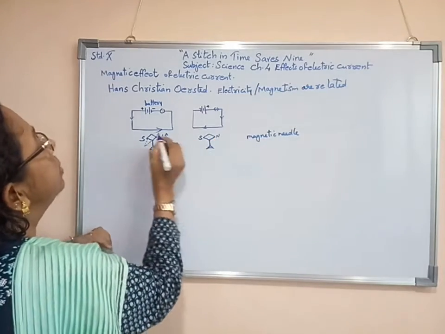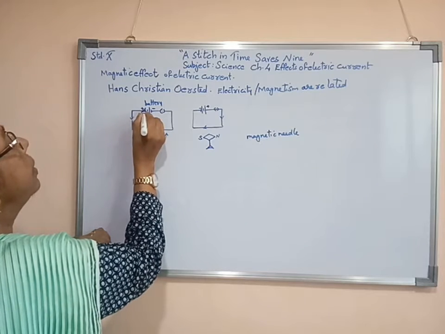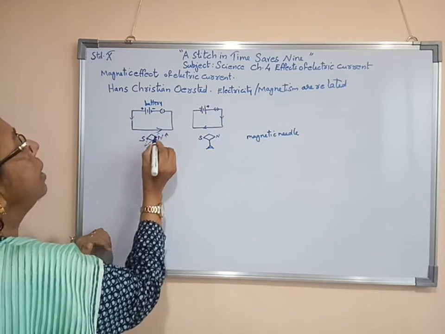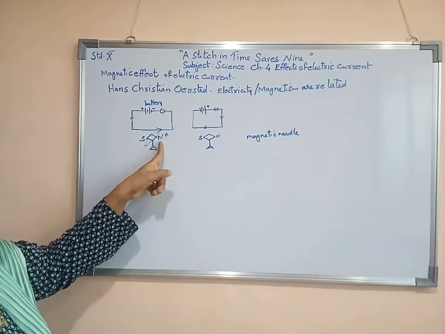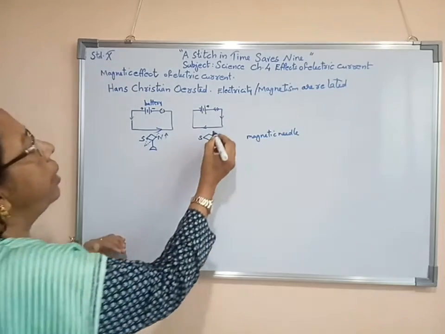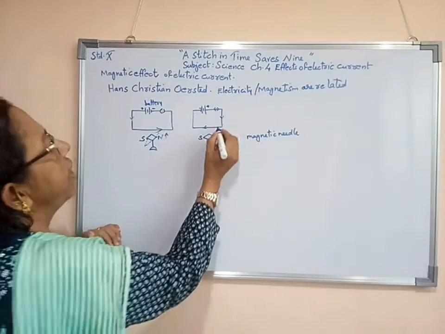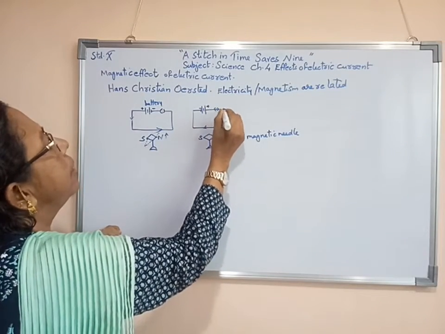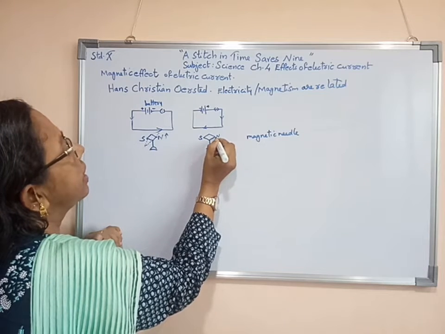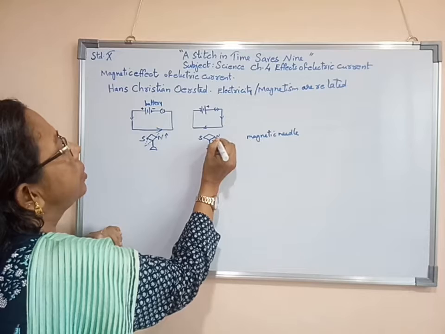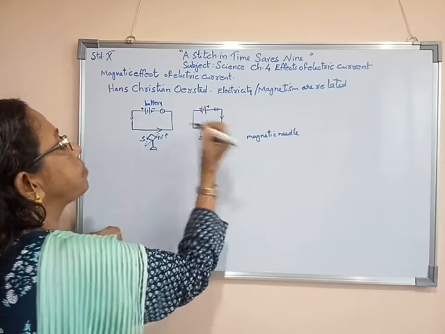Here you see that as current flows from the positive terminal to the negative terminal, towards where the current is flowing, the north pole of the magnetic needle deflected. Now the magnetic needle is fixed and kept. Current flows from the positive terminal to the negative terminal, and at that time you can find this north pole moving in the downward direction.